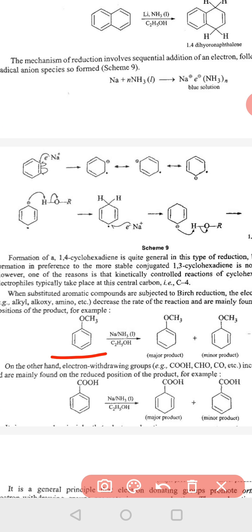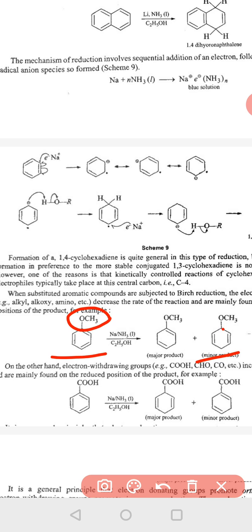If this compound undergoes Birch reduction, OCH3 is an electron donating group. Then reduction takes place at the position at which this group is attached. This is the minor product.